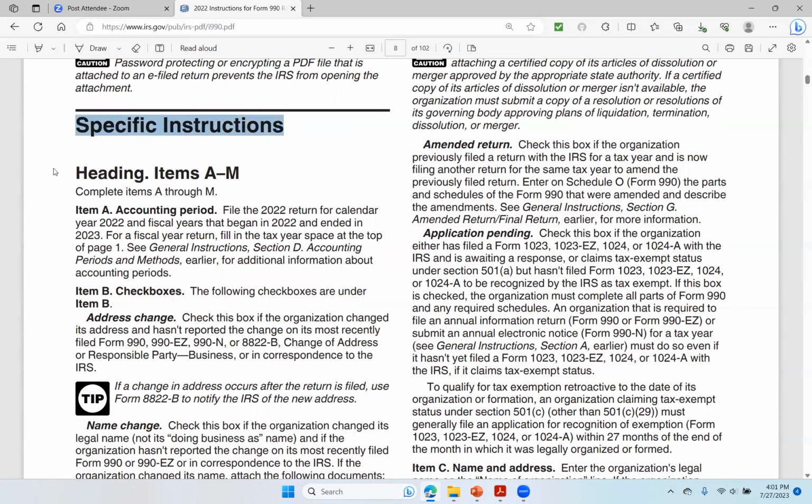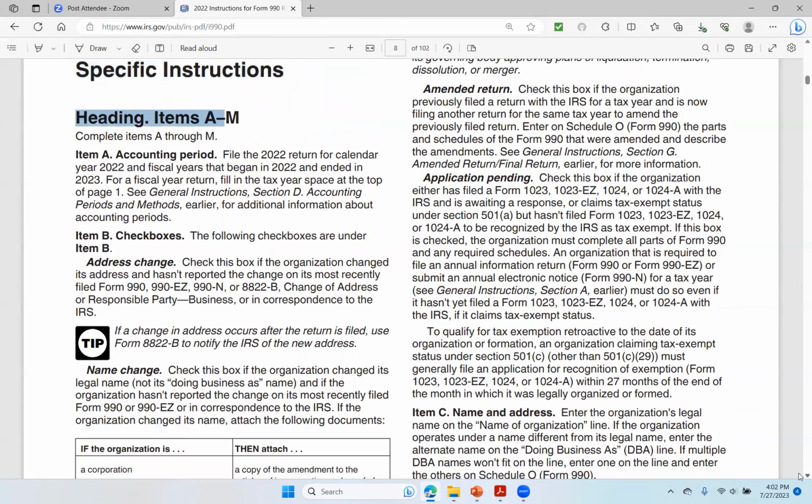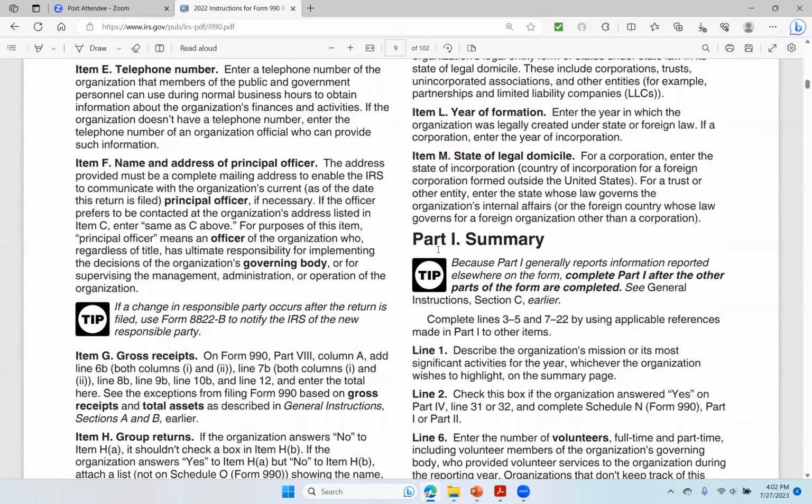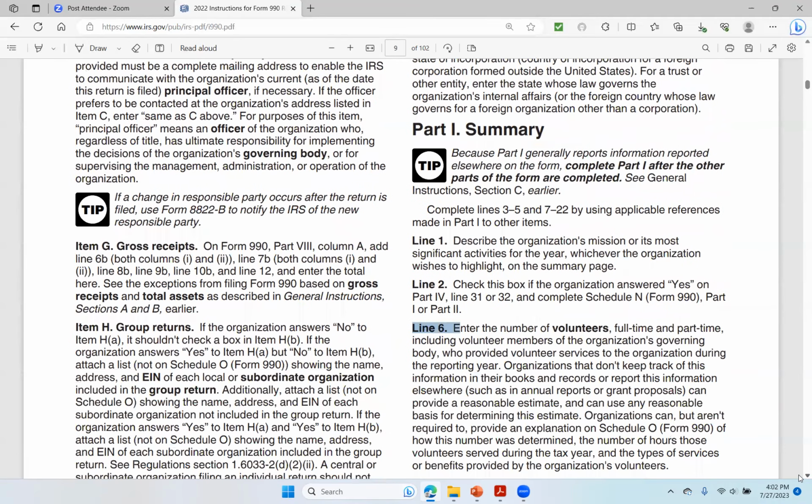And we talked about the heading yesterday or in the other video. So if I scroll down, the next part should be part 1 summary. And like I said, every line is described or defined, or you learn how to complete every line here.